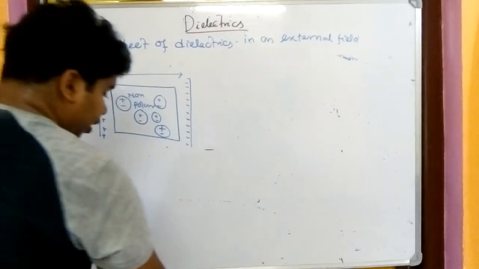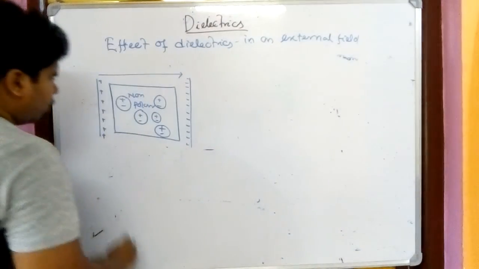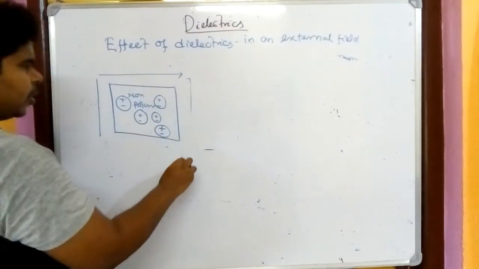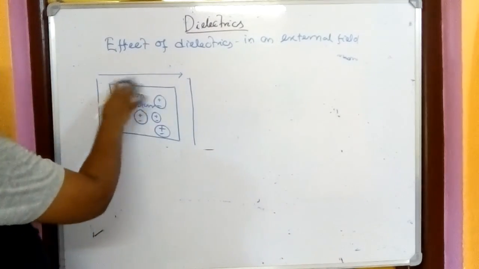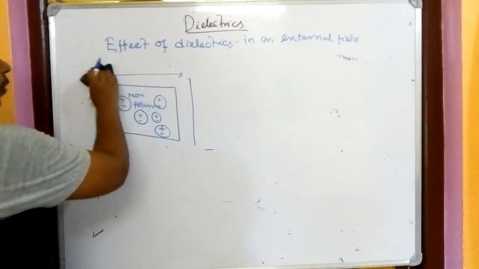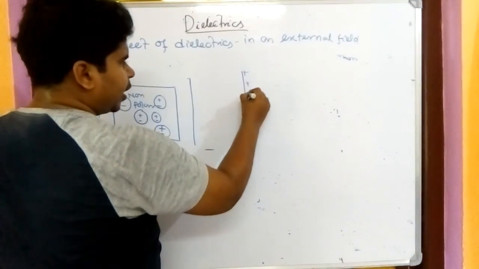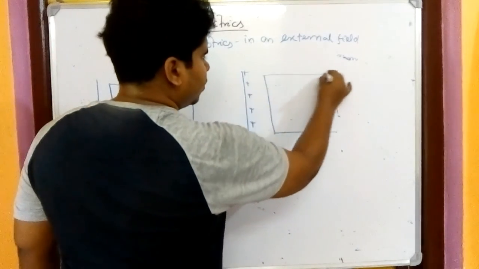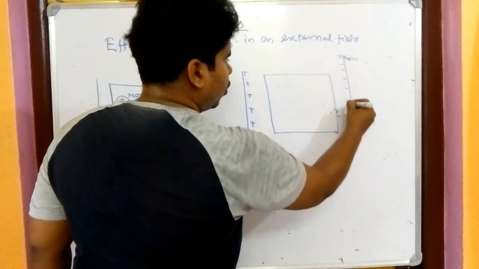We can do it in another diagram also. Assume no charge is there, so they will align this way. No electric field. And now you have taken the same setup and switched on the connection. So what will happen?